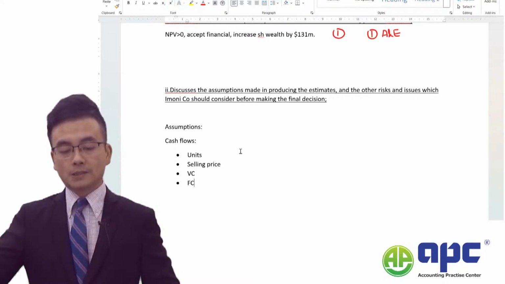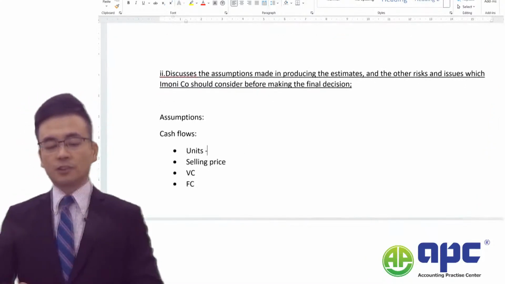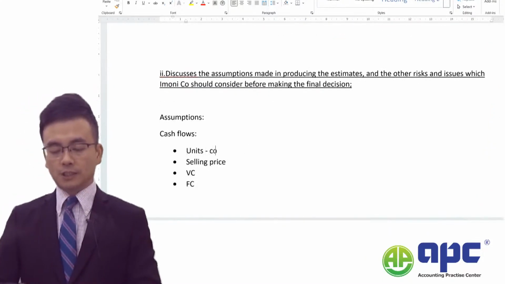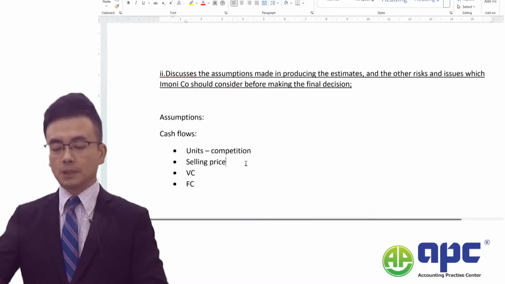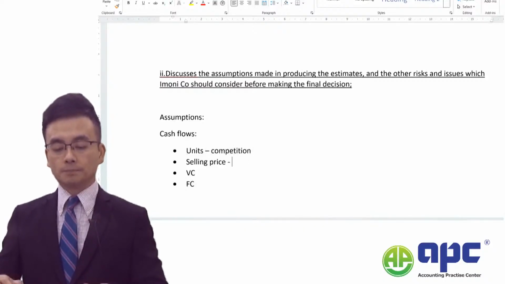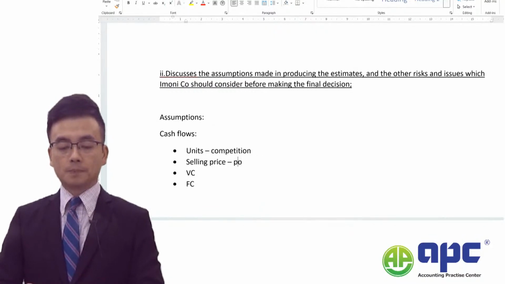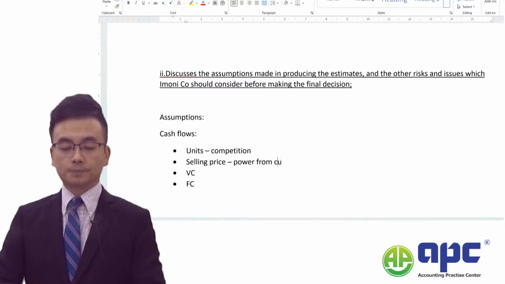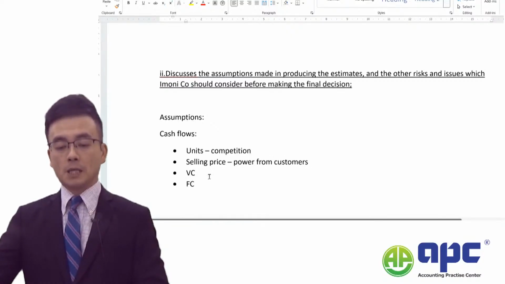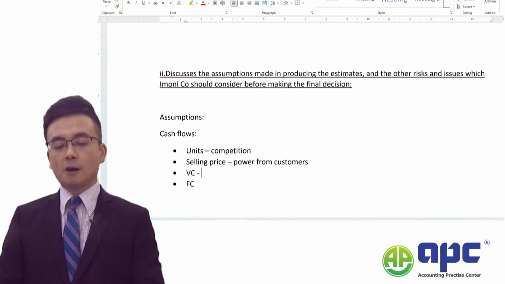So you may say that the number of units may change because of the increase in competition. The selling price may change. You can also say that, for example, the threat or the power from customers increased, so we may be reducing our selling price. Variable costs may change.